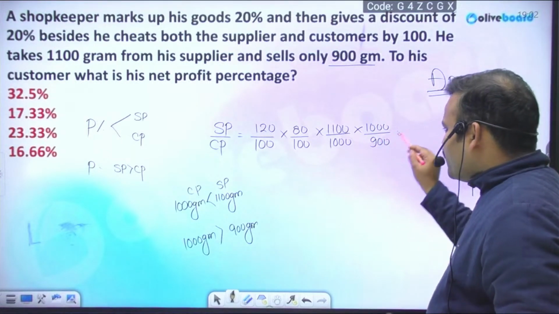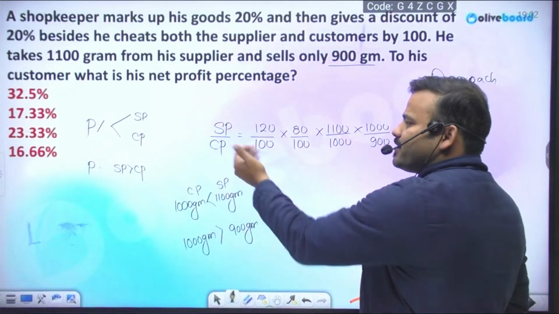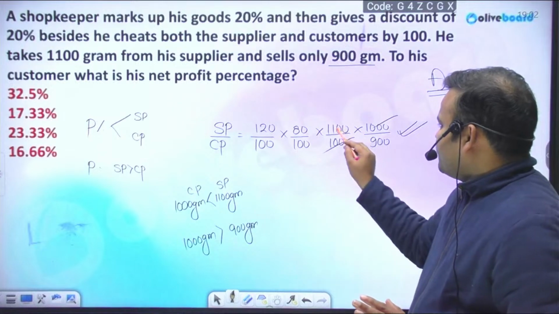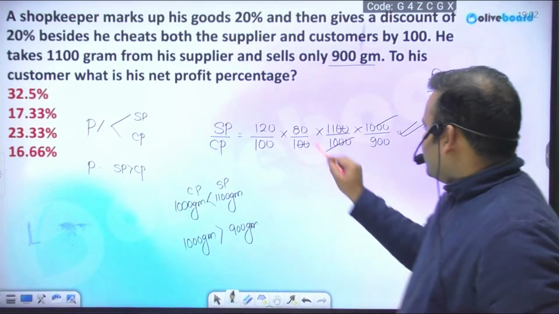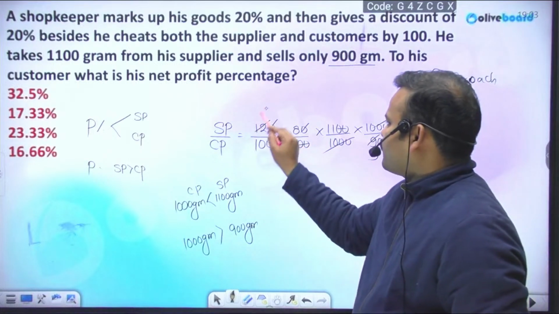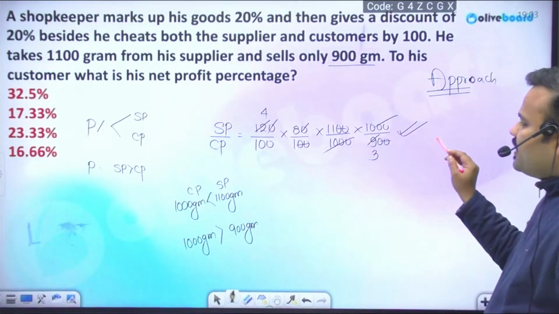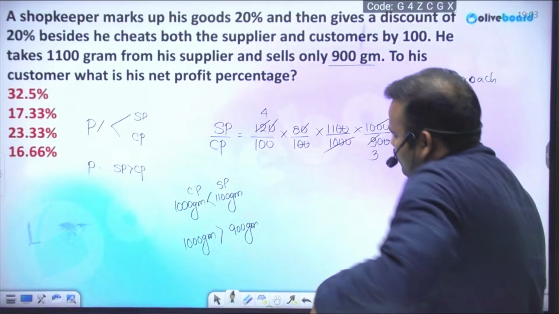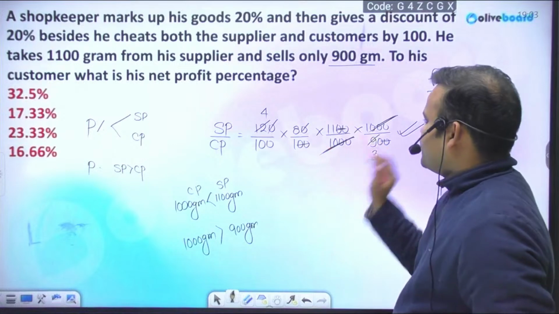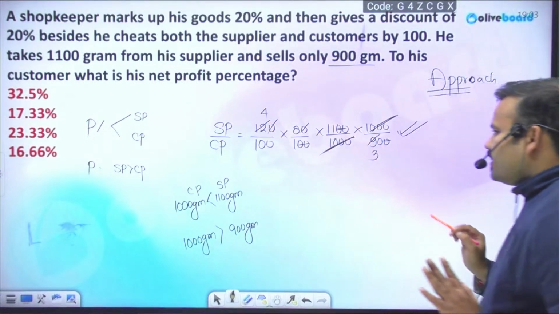So this is a beautiful method of solving this question, only as in a single, whatever time I am taking just to explain this. This 1000 gets eliminated, 00 gets eliminated, 00 gets eliminated. This is 3 times of 3 and this is 3 times of 4. So ultimately, 3 times of 4 and 3 times of 3.